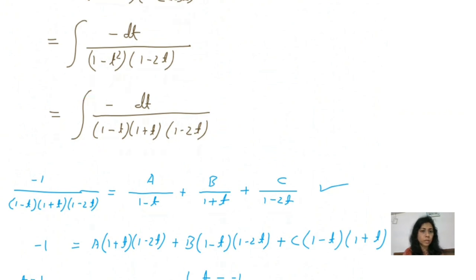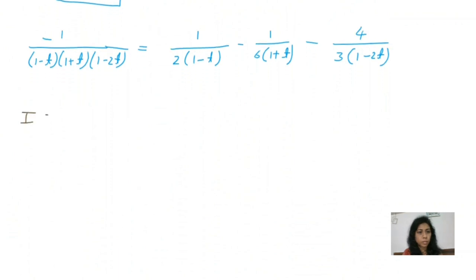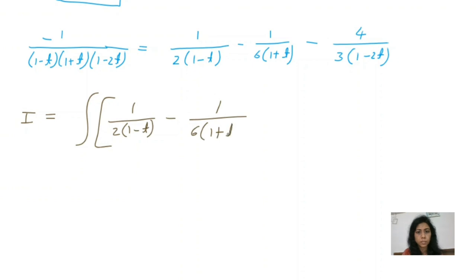So the integration I will be the integral of 1 upon 2 over (1 minus t), minus 1 upon 6 over (1 plus t), minus 4 upon 3 over (1 minus 2t), dt.